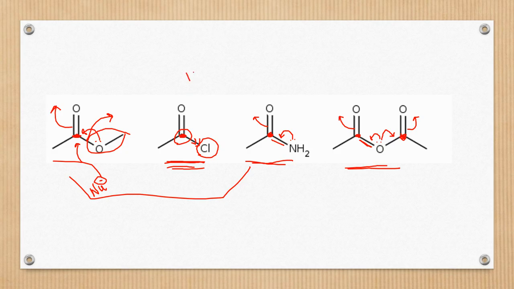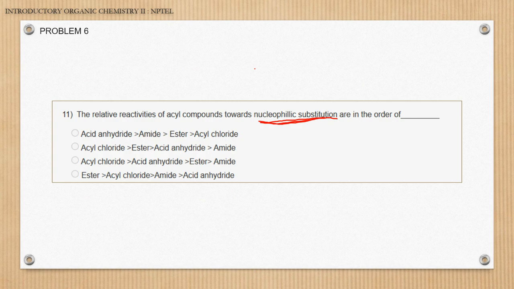Now, coming to the conclusion, the nucleophilic substitution ability is highest for acid chloride, then acid anhydride, then ester, and then amide. That is why acid chloride is higher than acid anhydride, then ester, and then amide. So option number C is the correct one.